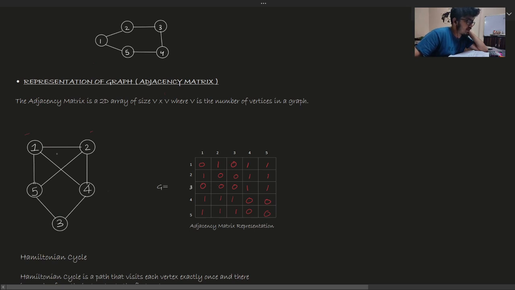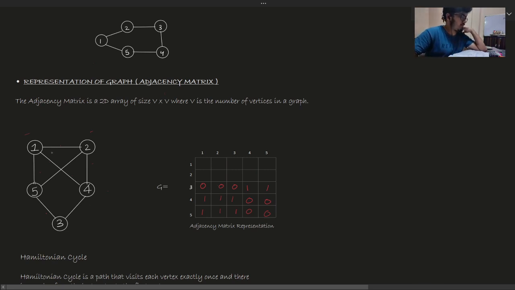And how many edges does it have? 1, 2, 3, 4, 5, 6, 7. Now, to represent this graph we have the adjacency matrix representation. I will erase some rows so that you can understand how it is represented.